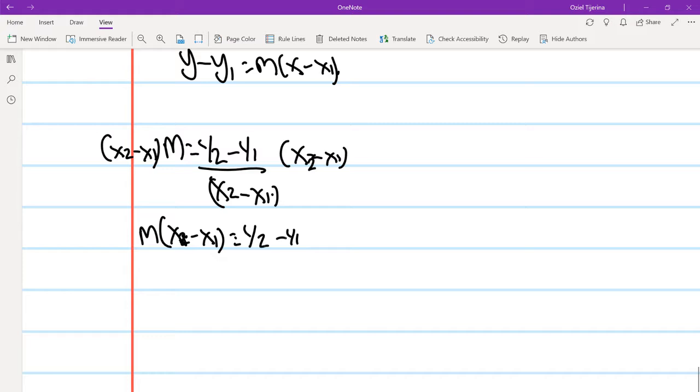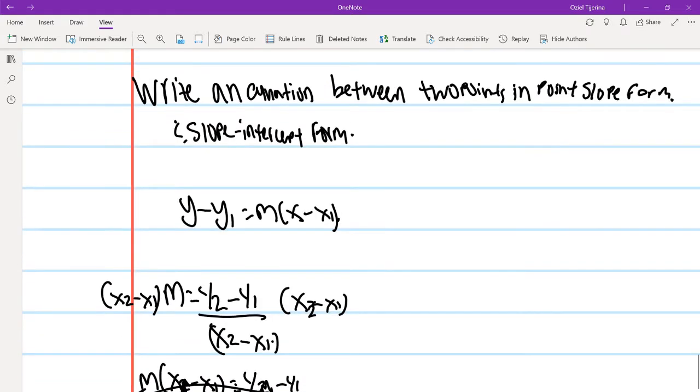So now if you take this out, you say y minus y1 equals m times x minus x1. And that's how they get it from that formula.